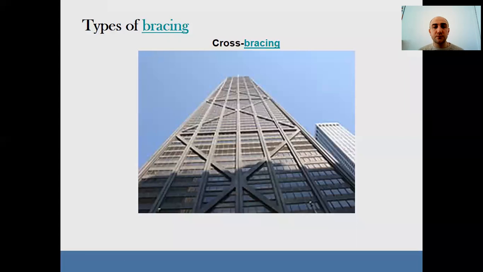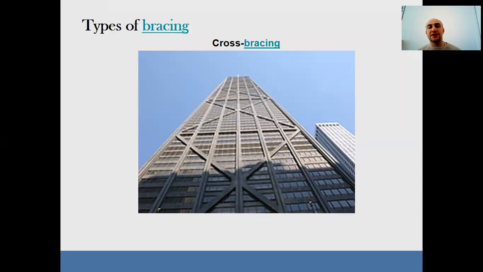Next one is cross bracing, also known as X bracing. It uses two diagonal members crossing each other.